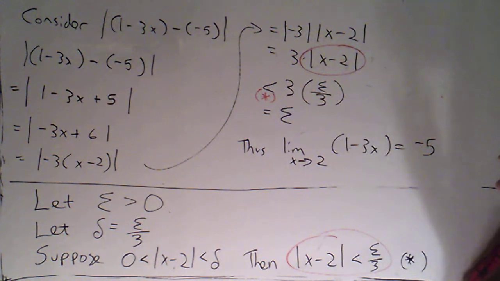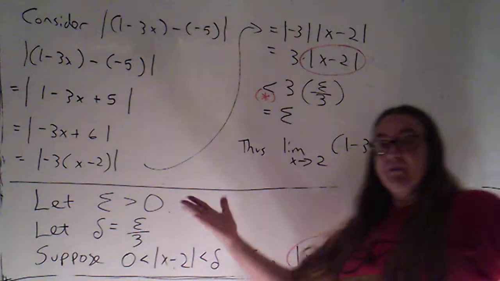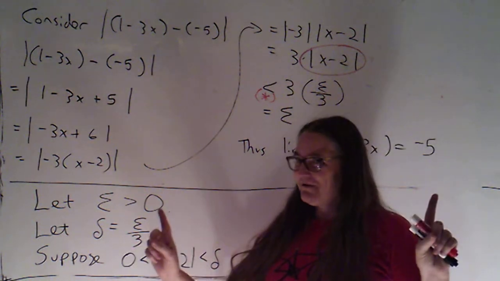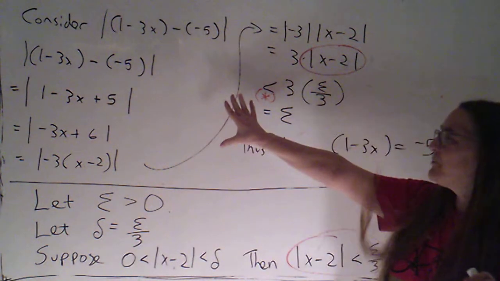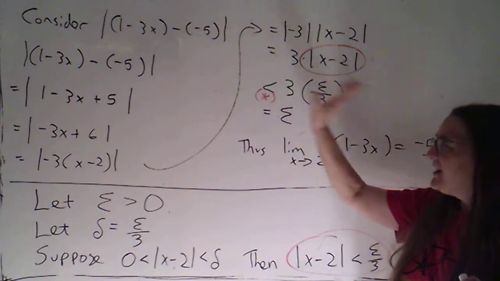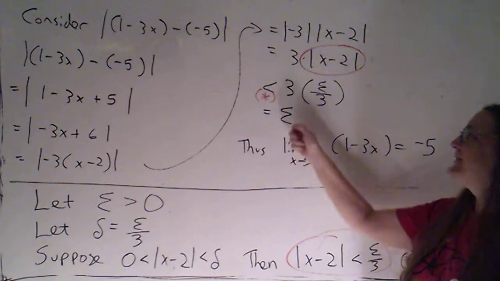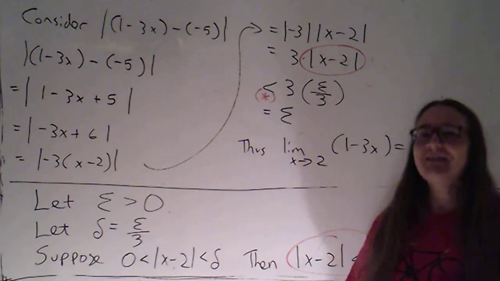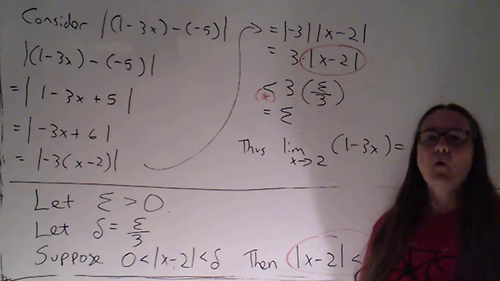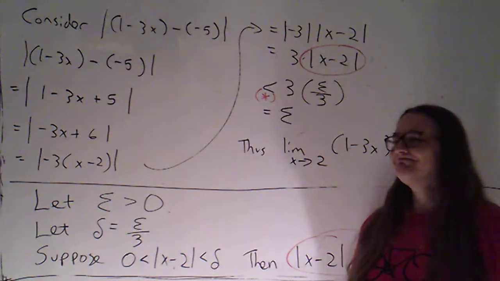Okay. So I didn't start with an inequality where I could manipulate both sides. That was the informal work. Here, I started with an expression, wrote things that I knew were true about that expression, and proved that the thing that I wanted to be true, that it was smaller than epsilon, was in fact true. Excellent.